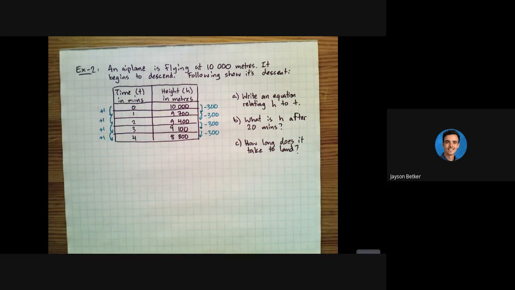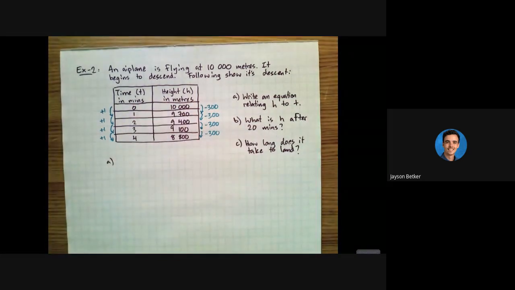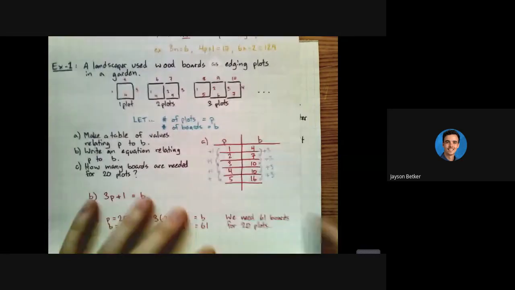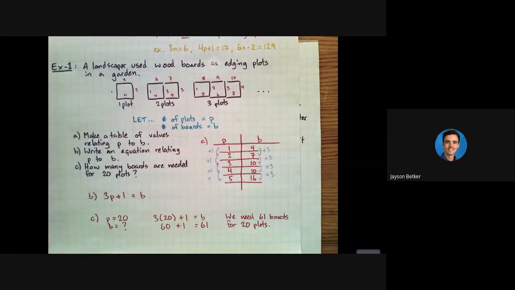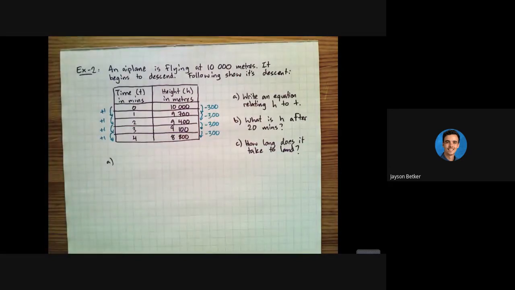Okay, so for part A, I just want to go back and look at the relationship that we found out here. So what we saw here was that for every increase of 3 boards, we had an increase of 1 plot. And in this case, for every increase of 1 minute, we have a decrease of 300 meters.